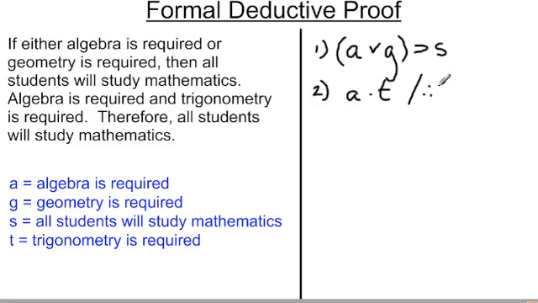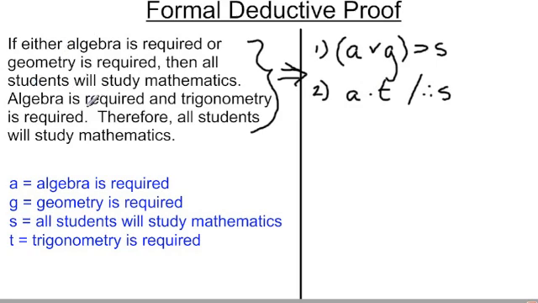Therefore, all students will study mathematics. So therefore, S. And so that's basically how we represent our argument. All right, so this entire argument that you see here breaks down into this. And you can tell, even just by our translation, that this is a much simpler form to actually look at to do our deductive proof with.